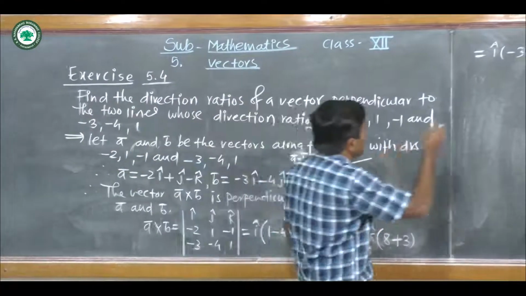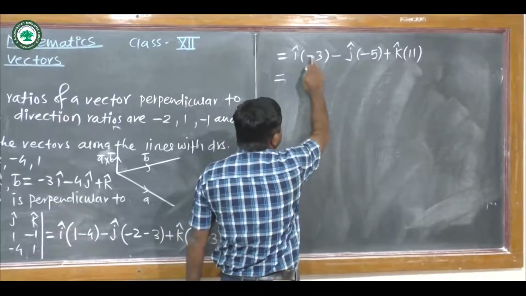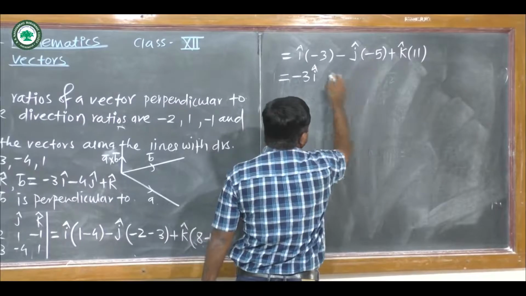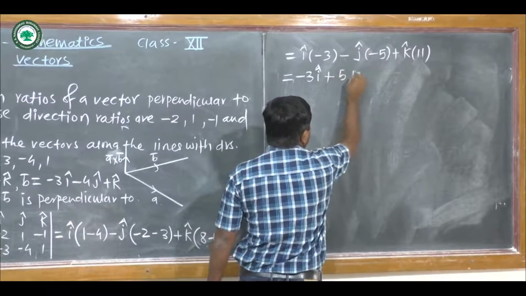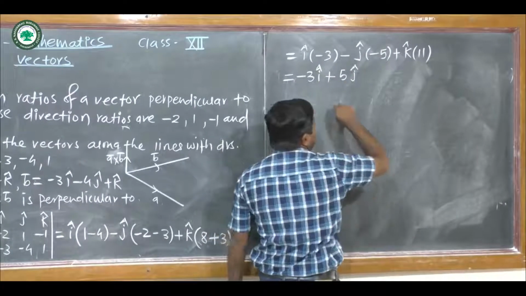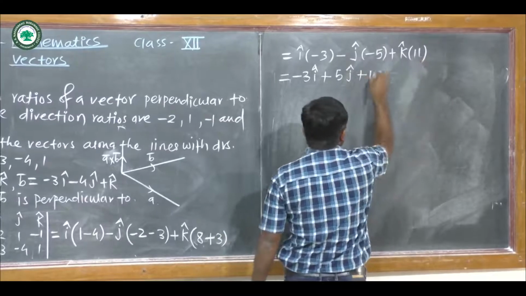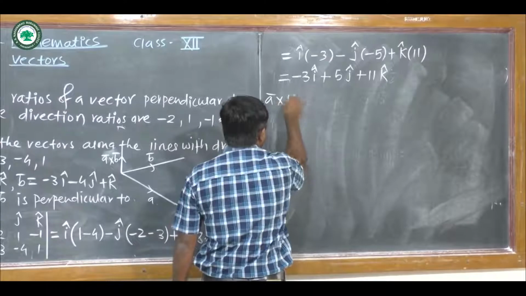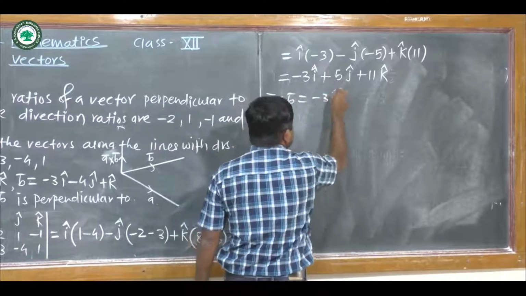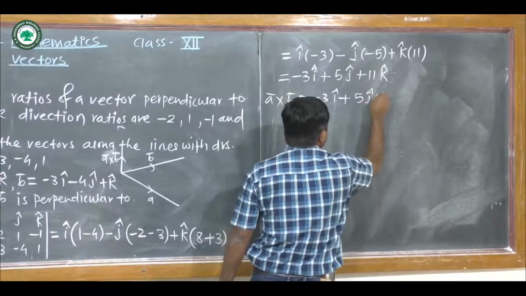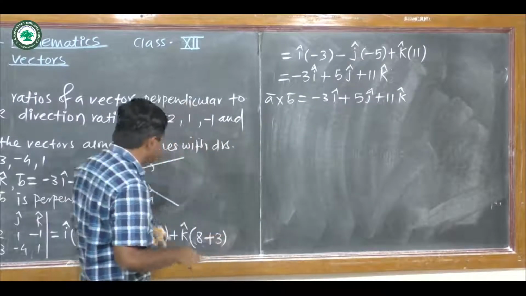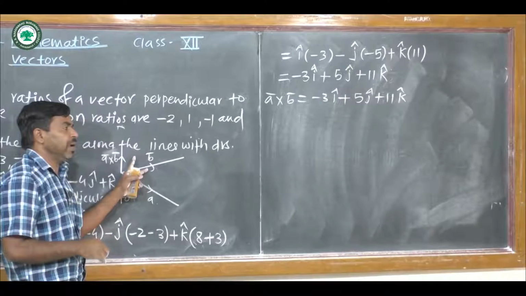That is equal to minus 3i cap, and this minus becomes plus 5j cap, plus 11k cap. Now this is A bar cross B bar, the vector which is perpendicular to the two vectors A bar and B bar.